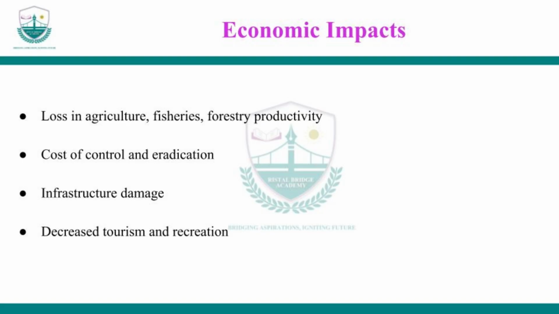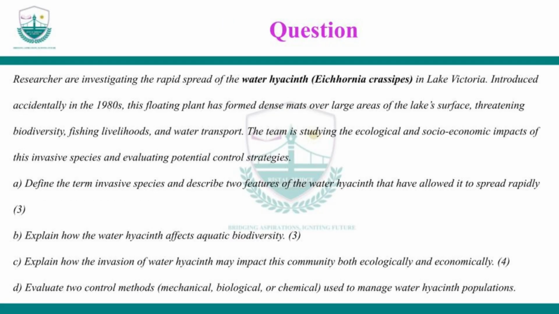In Lake Victoria, entire communities that rely on fishing have lost income because they can't access open water. Transport is disrupted, jobs are lost, food supplies drop. Have you seen an example where an invasive species affected farming, fishing, or business in your community?